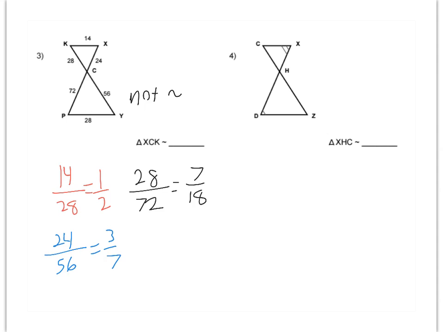So we'll say those. Let's mark those with a double mark. There we go. Now, I have two angles in each triangle. The problem is I don't have the same two angles in a triangle.